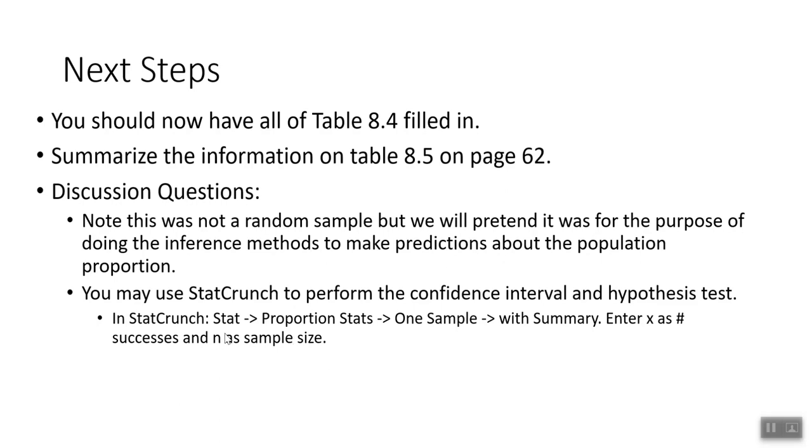In StatCrunch, you go to Stat, Proportion Stats, One Sample with Summary. And then all you need to do is enter the value of X and the value of N, which you should have already found in table 8.5. So you can use StatCrunch to get your confidence interval, your hypothesis test output, and things like that.